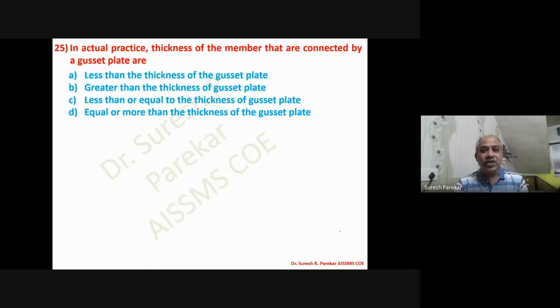In actual practice, the thickness of the members that are connected by a gusset plate are? It is very clear, we already have trusses, and in that we have used gusset plate. So my angle section thickness should be less than or equal to the thickness of the gusset plate. The thickness of the gusset plate should be greater than the thickness of the members.